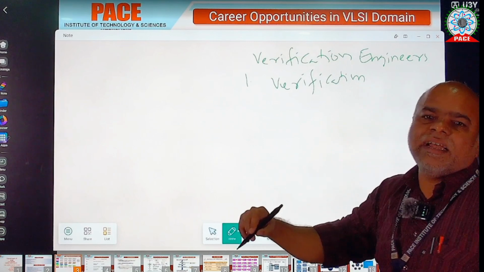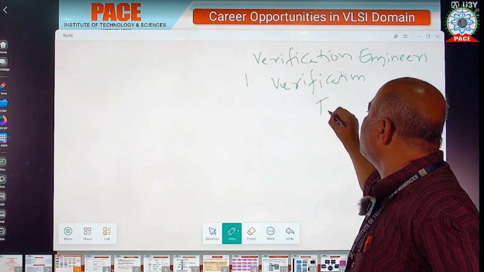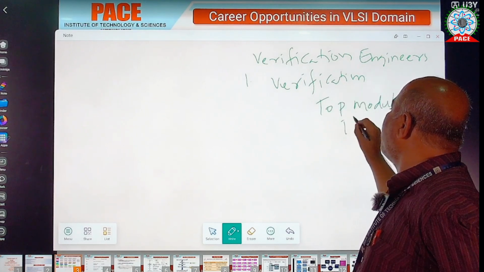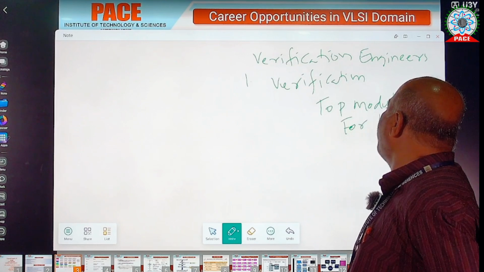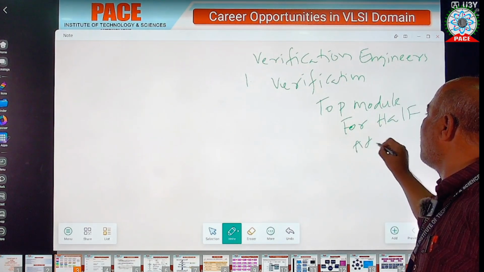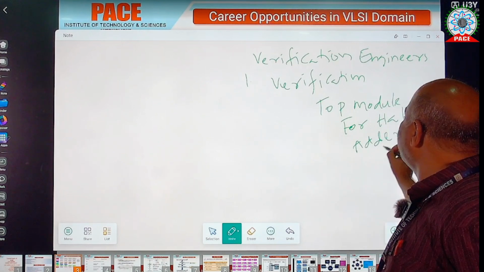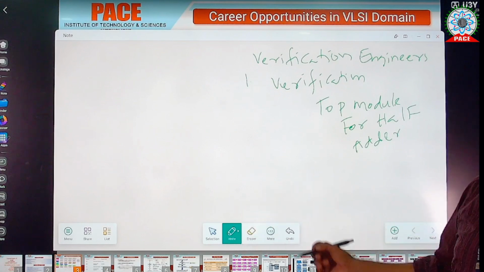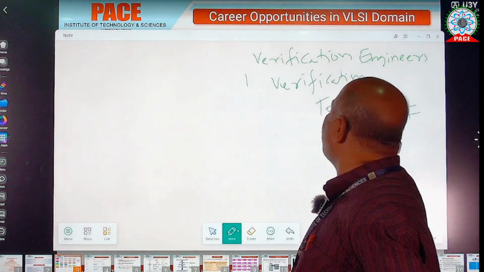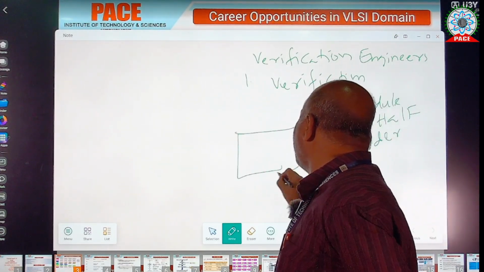For example, we are designing a top model code for a half adder. You can write the code only in Verilog. To write the top model code in Verilog, I will first design the architecture.